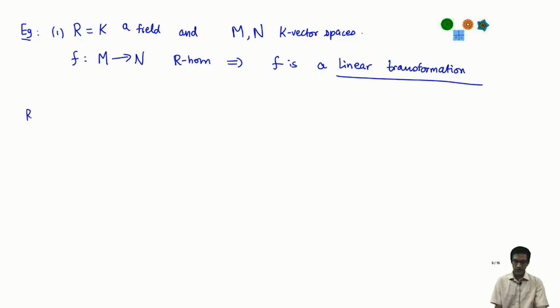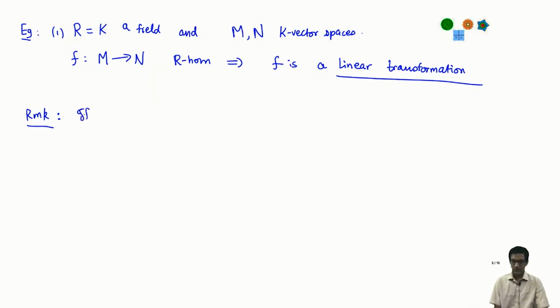Now here's a quick remark. All these were defined for left modules, but it's not surprising how one defines homomorphisms for right modules. You just demand that it preserves the scalar multiplication on the right.